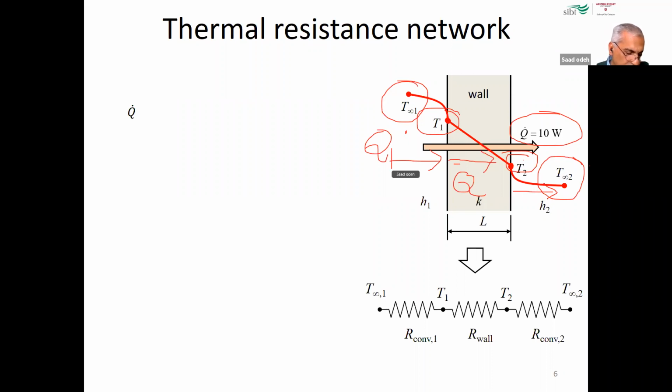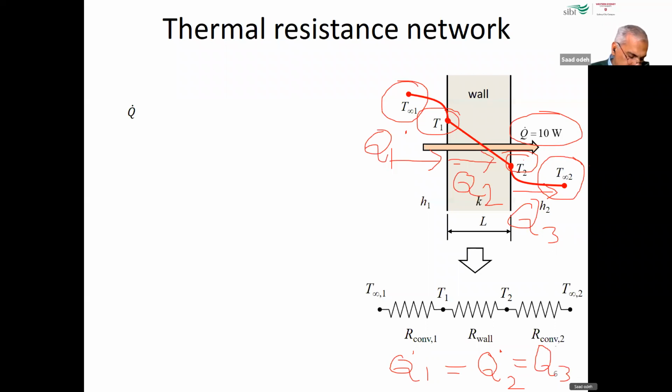This is the first one, Q1, and then Q2 from the inside surface to the outside surface, and then from the outside surface Q3 to the outside air. So Q1 is equal to Q2, equal to Q3.